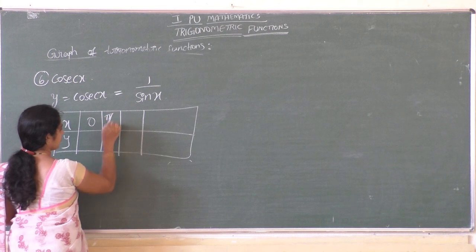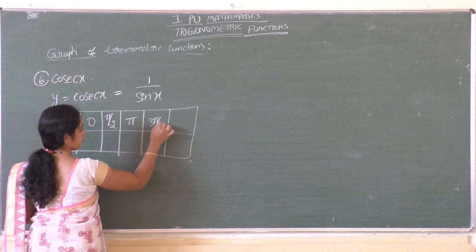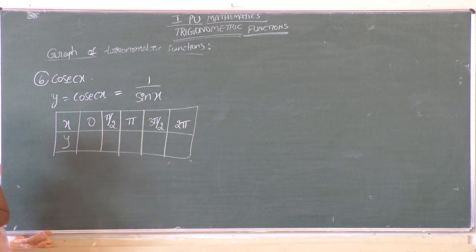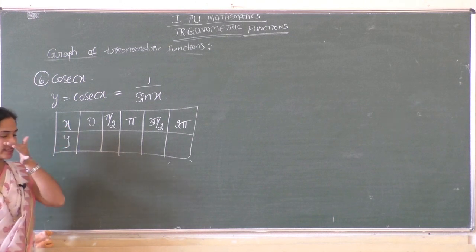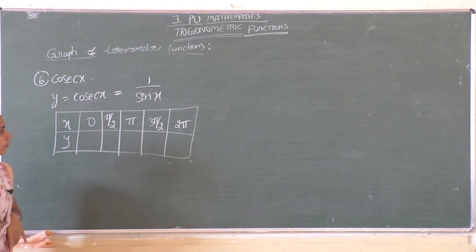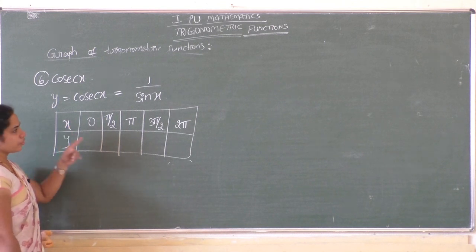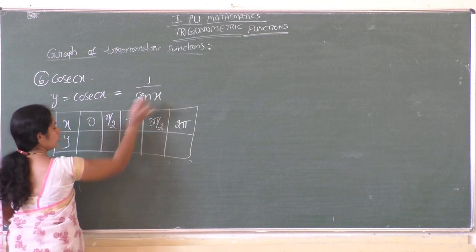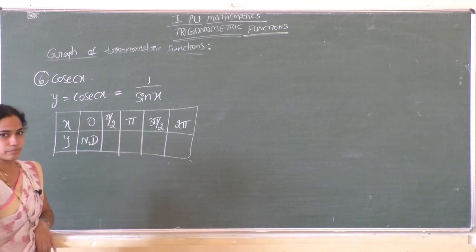Zero, pi by 2, pi, 3 pi by 2, 2 pi. What is the value of cosec 0? Here, sin 0 is 0, and 1 by 0 is not defined.